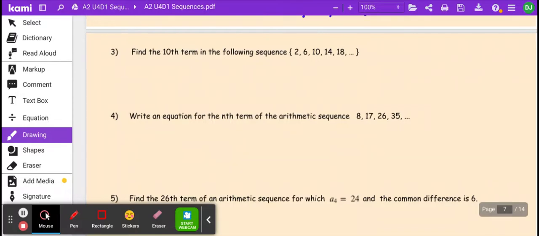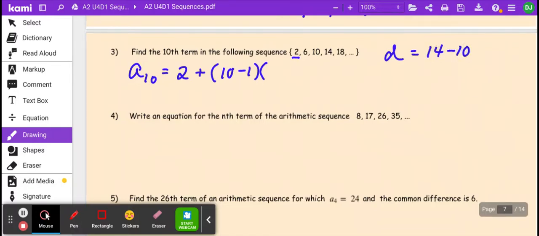That's what I'm saying. Okay, to find the 10th term, I'm going to take the first term plus 10 minus 1. Now I do have to know the common difference. But we said pick any term. I'm going to pick 14, subtract the previous term, and you know the common difference is 4. So easy peasy.